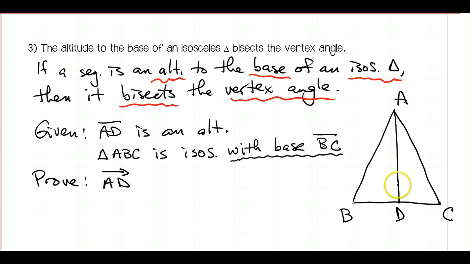And as part of that line, I have a couple of rays, I have a segment. So we want to prove that ray AD bisects the vertex angle, which is angle BAC.